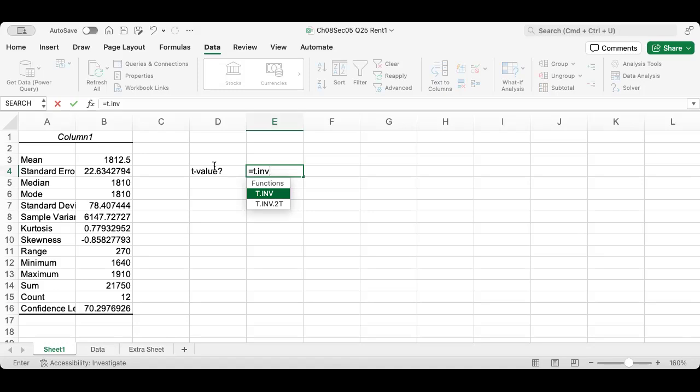If I want to use the two-tail version, as soon as I hit the parenthesis, it tells me what to put in. Probability and then degrees of freedom. What's my probability here? What's in the tails?